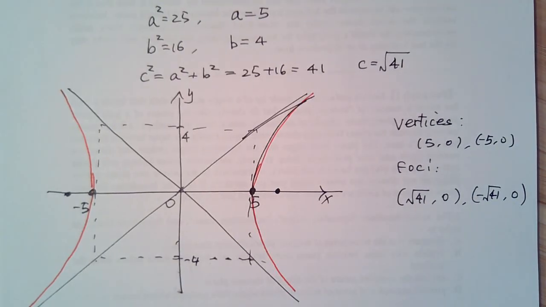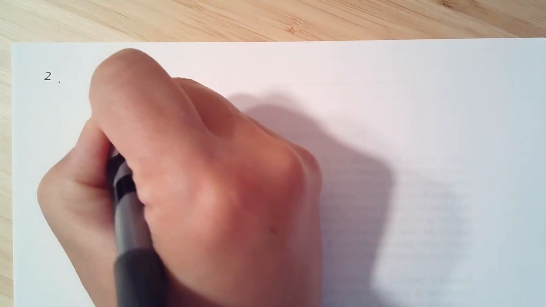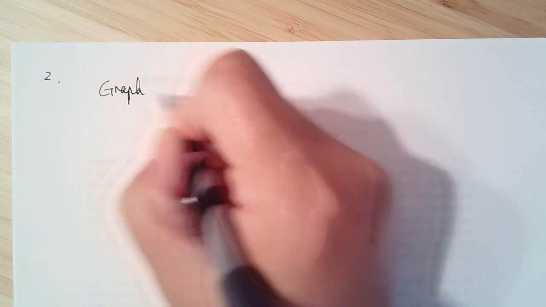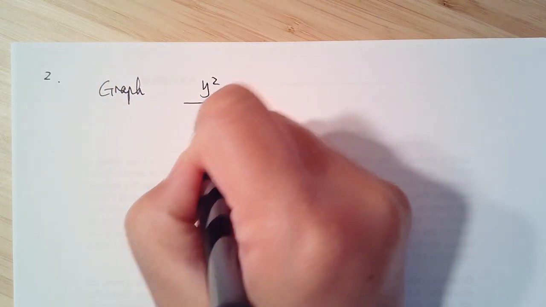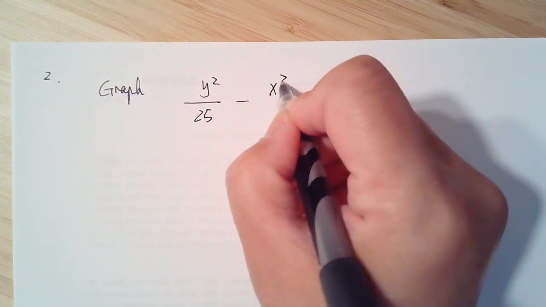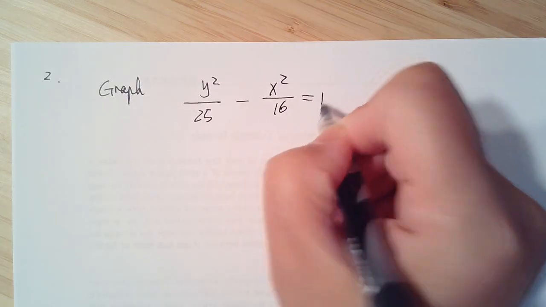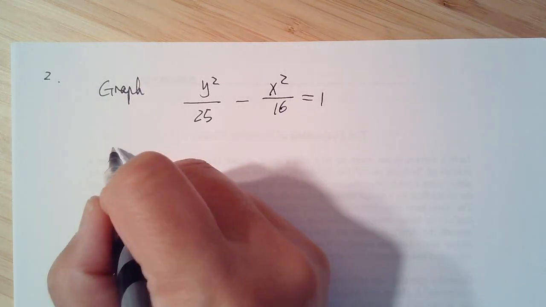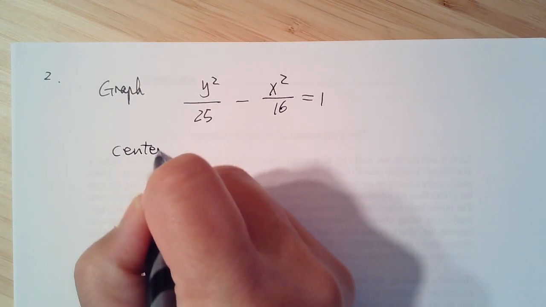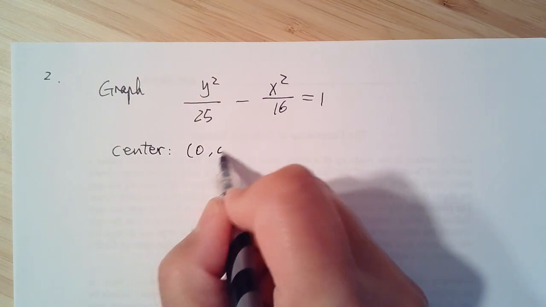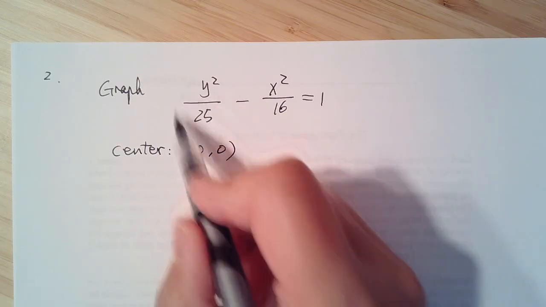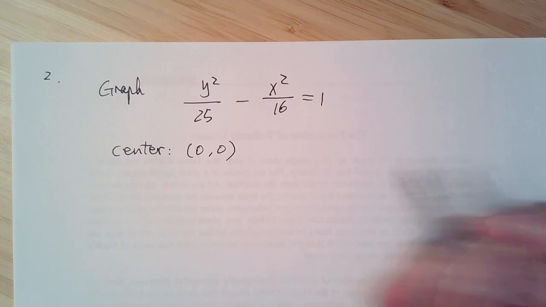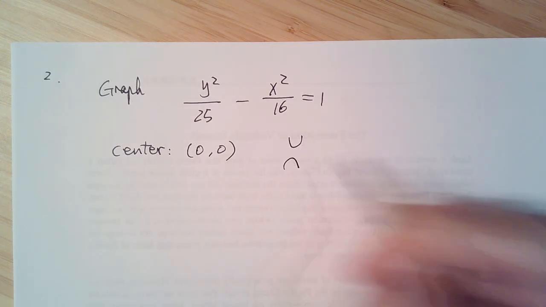I'm going to ask you to do one more. I ask you to graph y squared over 25 minus x squared over 16 equals 1. This is very, very similar. We get the center is (0, 0). And since the y squared term is positive, we have the up and down.